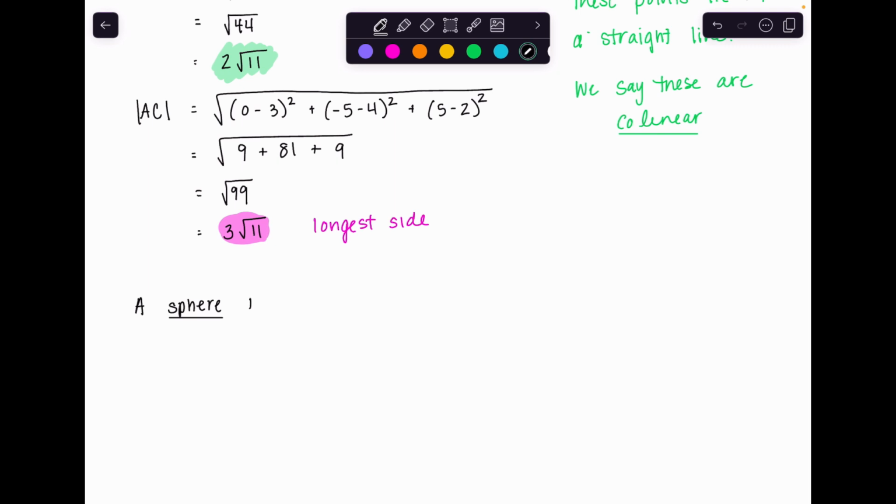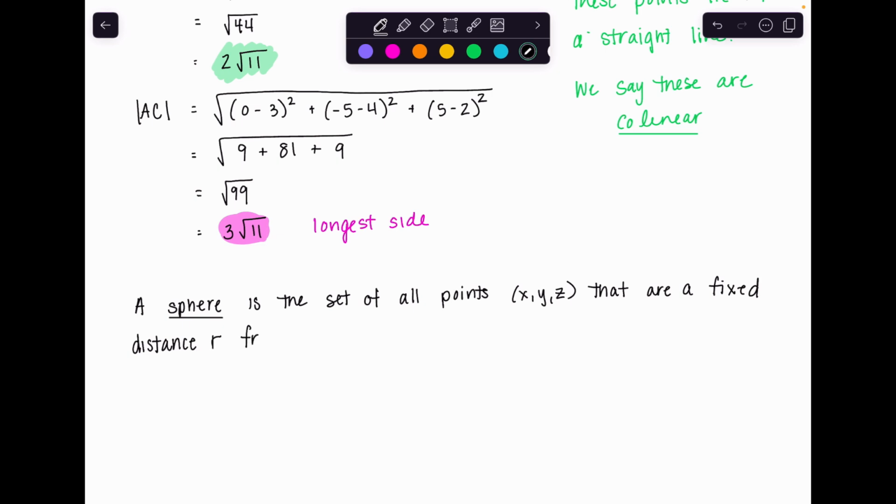So a sphere is the set of all points x, y, z that are a fixed distance r from a given point, which is going to be that center.